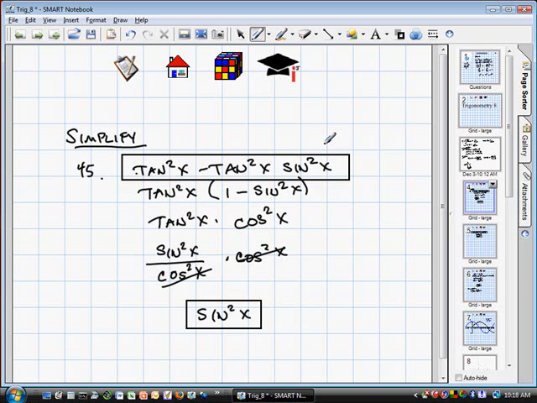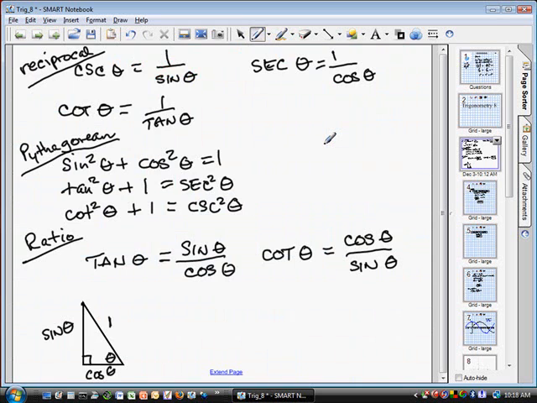And so I factored tangent squared times the quantity 1 minus sine squared. Now, here's where I may have lost you a little bit. In place of 1 minus sine squared, I put a cosine squared. I'm going to show you why I did that. First of all, would you agree that if I took this identity and subtracted sine squared from both sides, wouldn't I get this?